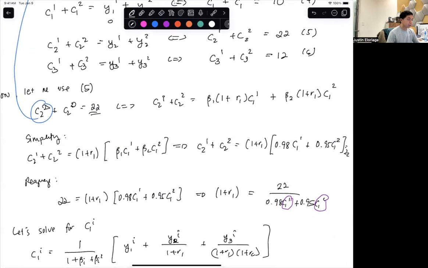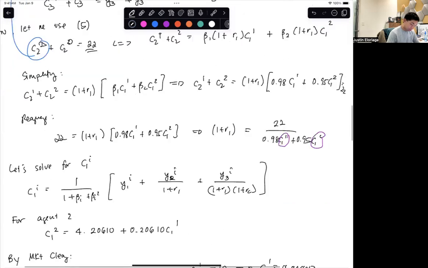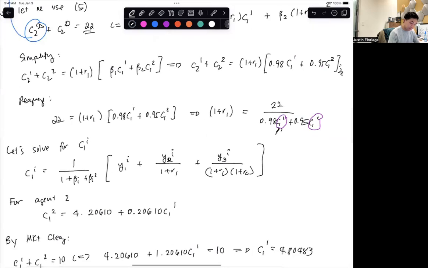Now having solved for those C1 terms, I'm going to plug them back into the original function. These are the functions we needed.